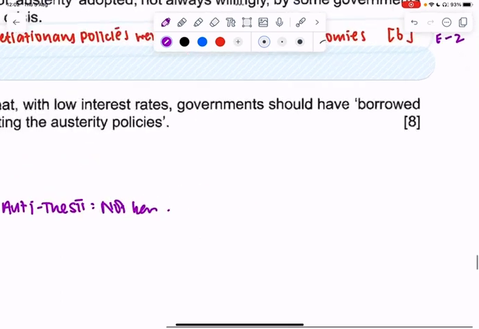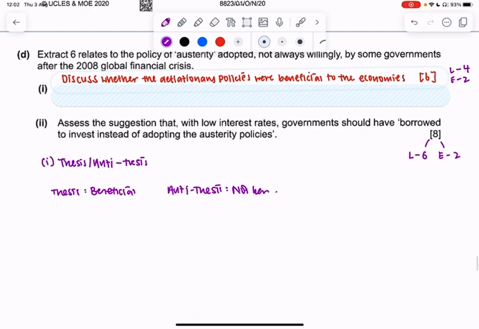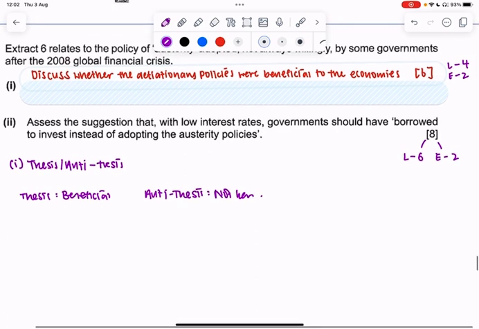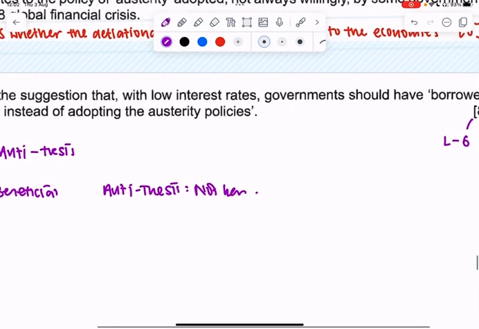For this 8-mark question, we break it down first. Content marks will account for 6 marks. Evaluation marks will account for 2 marks. And let's look at this. Assess the suggestion that with low interest rates, governments should have borrowed to invest instead of adopting the austerity policies. What they're trying to tell you here is that this in itself is a comparative question.